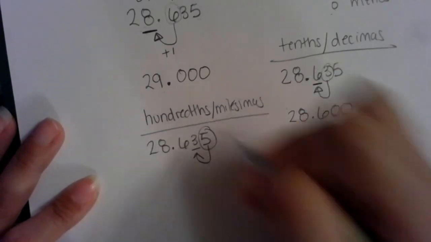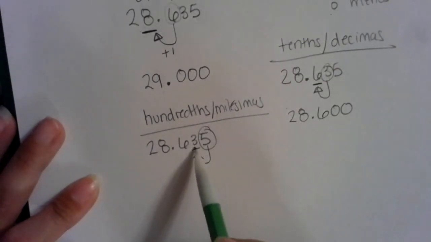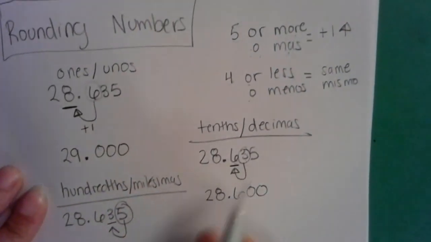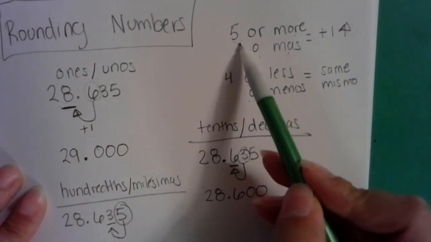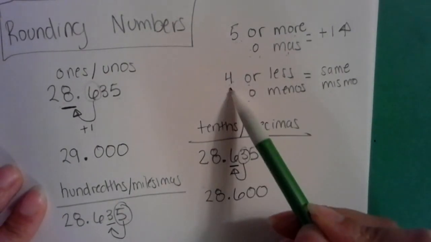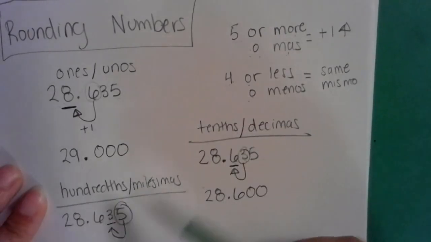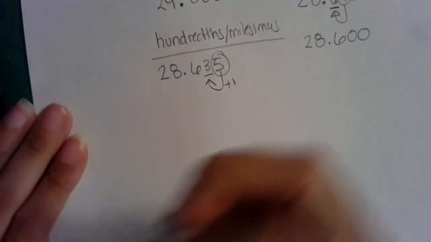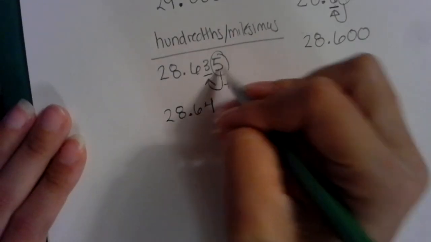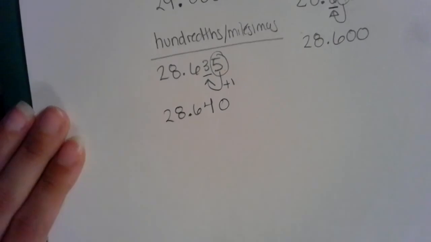This number is the boss. It tells this number what to do. So we ask ourselves that question. 5. 5 or more, cinco o más, or 4 or less, cuatro o menos. 5 is 5 or more. So it tells our 3 to go up 1. 3, tres, becomes a 4. The rest of my numbers to follow, 0.